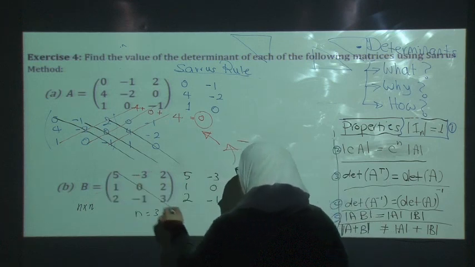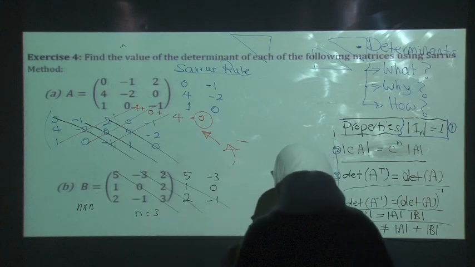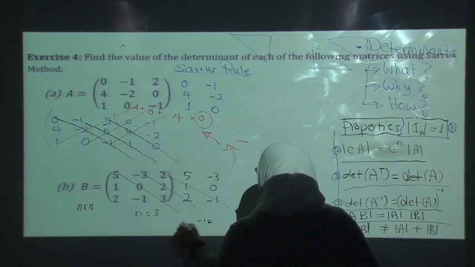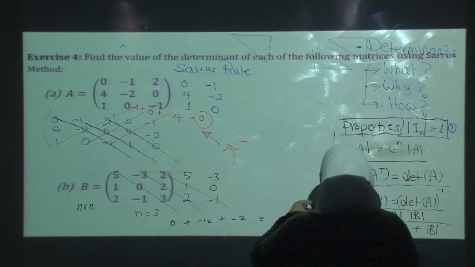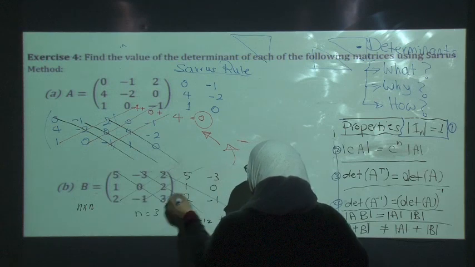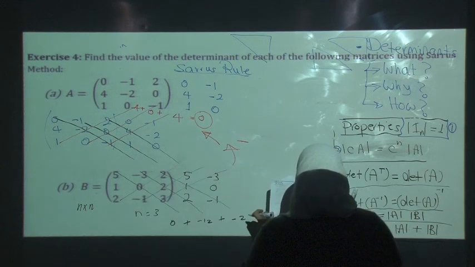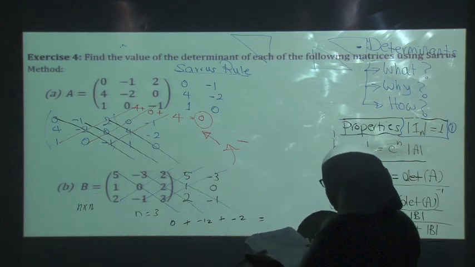Now let's get the product of these diagonals. Here it's 0, here it's -12, and 0, and -2. Apply the addition. Get the product of the others. Of course, it returns to you which methods you need to use.